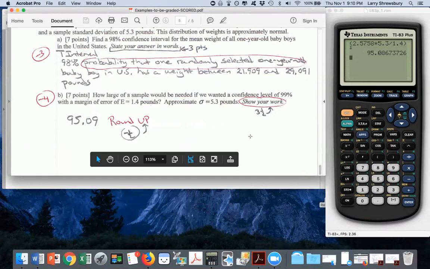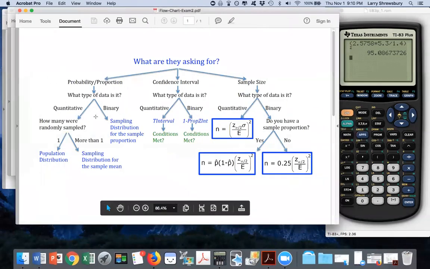All right. So we've covered all the bases here, haven't we? My golly, we've done population distributions, sampling distributions, t-intervals, one-proportion z-intervals, and we've been doing these sample size calculations. Plus, you've got an idea of how the scoring is.